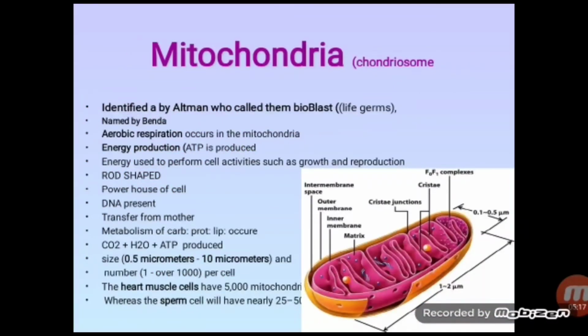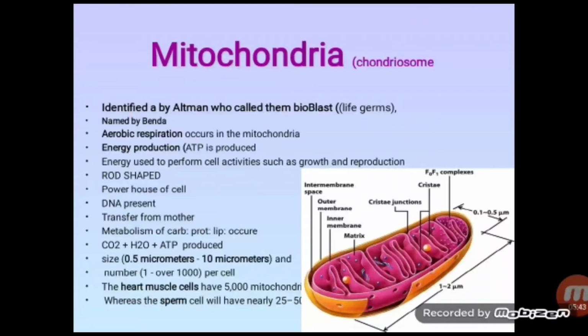And here is mitochondria, which we also call chondriosome. It was discovered by Altman, who called it bioplast, life germs, and it was named by Benda. It is the main site of aerobic respiration, and it produces ATP, which is very essential for cell functioning and cell division.